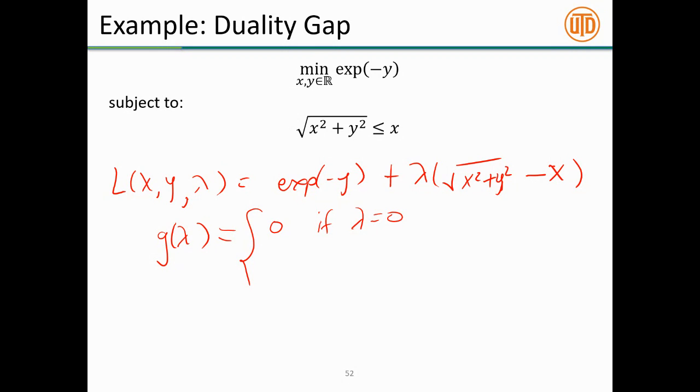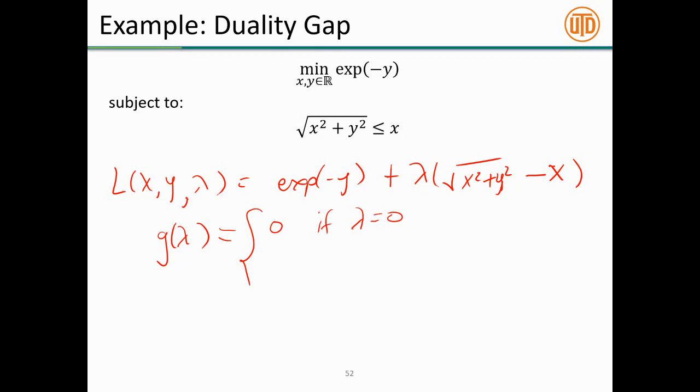So is square root of x squared plus y squared minus x, assuming that lambda is greater than or equal to 0. We could take derivatives and solve, and we could see what the actual solution is. It might not have a nice closed form like it did before. But we could do that and solve the problem.